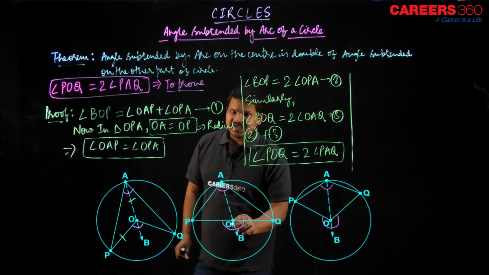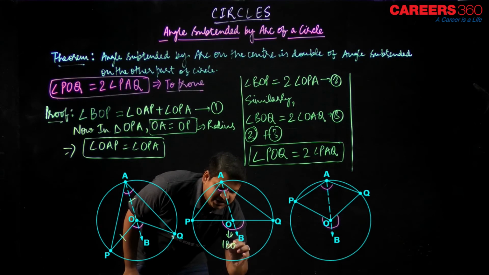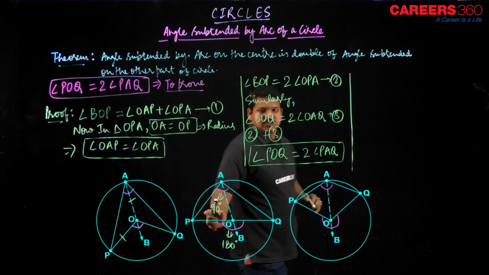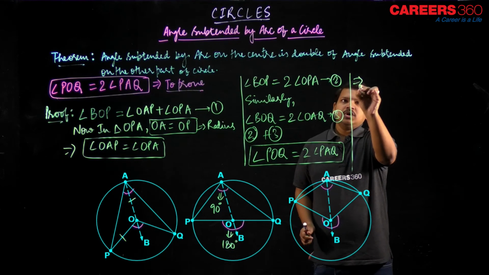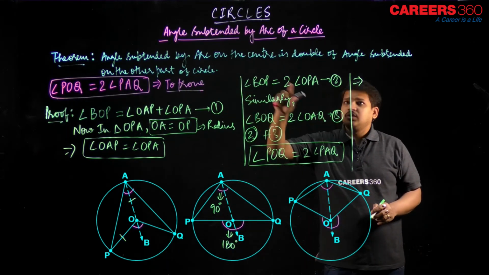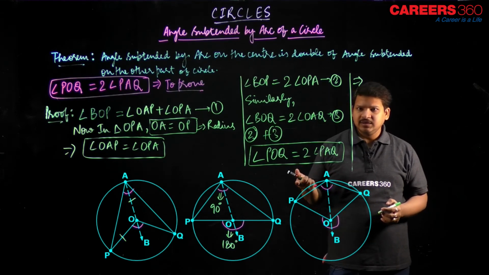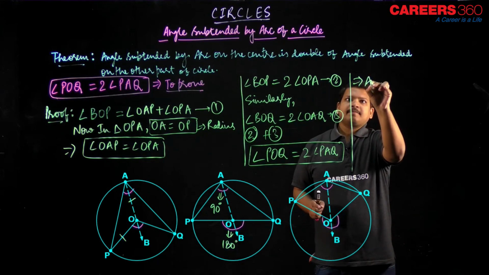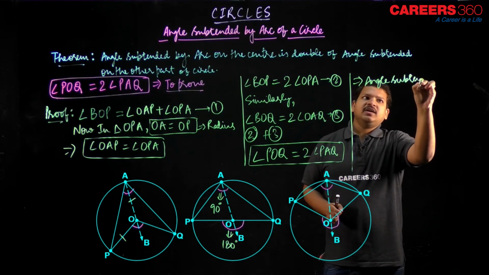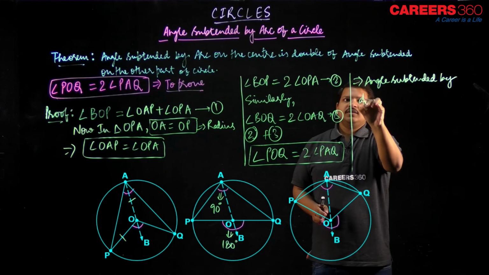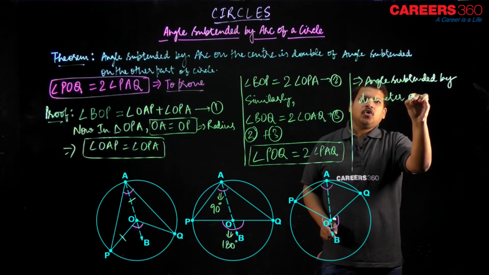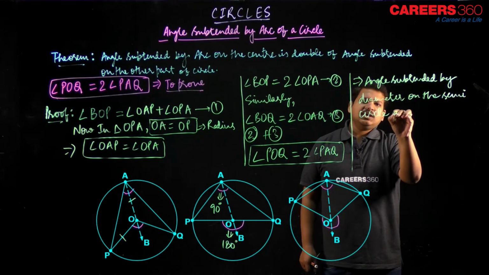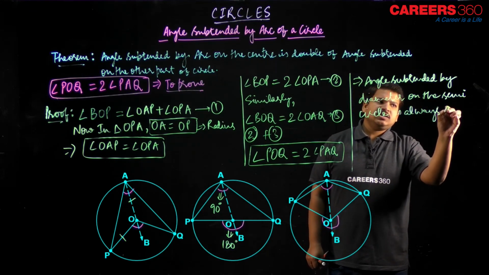As you can see, this angle right here is 180 degrees, and if this angle is 180 degrees, then this angle will be 90 degrees. So this will be a corollary of this theorem: angle subtended by a diameter on the semicircle is always 90 degrees.